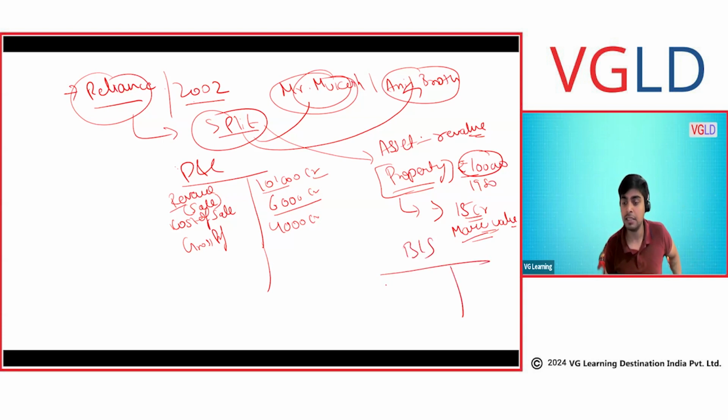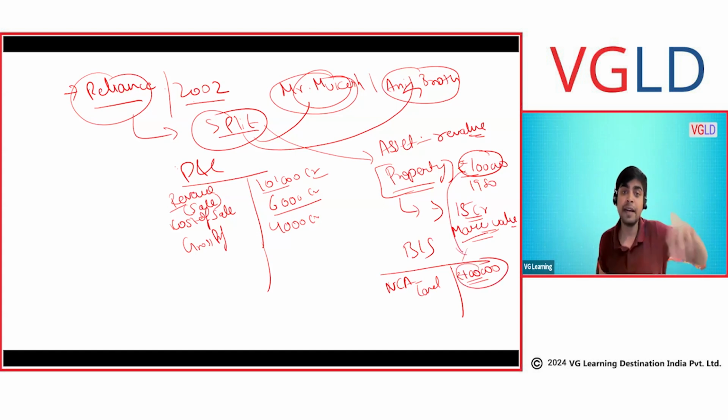Now if I look at the balance sheet, in the non-current assets this land or property would still be reflecting 1 lakh, irrespective of its market value. And this is again the problem of financial statements: they are historic.